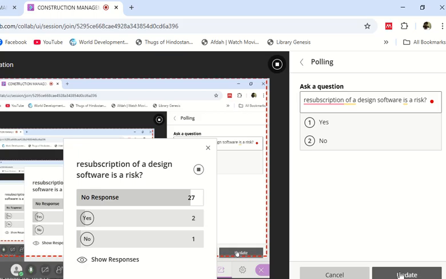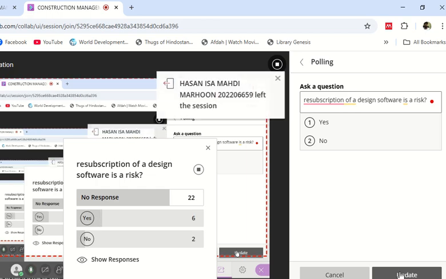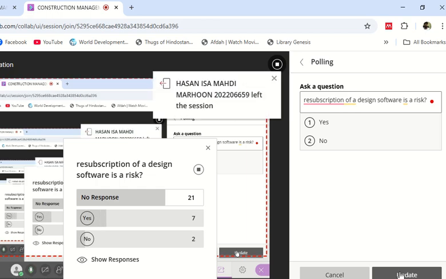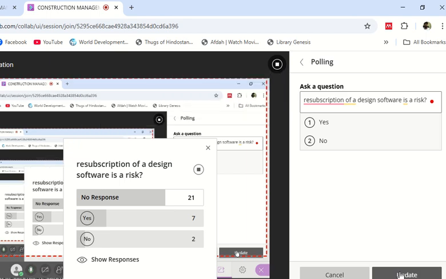You want to call it a risk or not? If I'm going to resubscribe to a new software, is it supposed to be called a risk or not? Go ahead, give me your opinion.